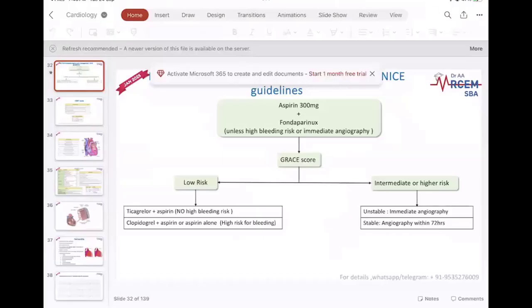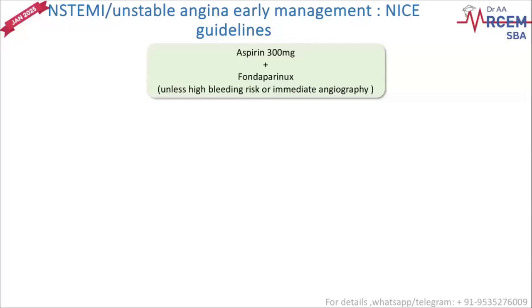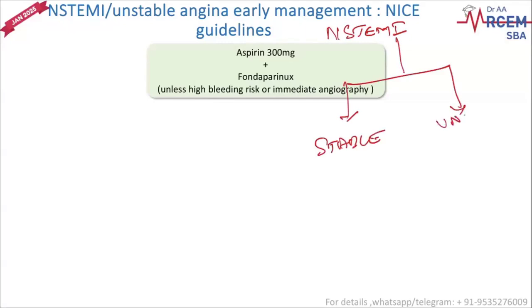So what is the takeaway message from this slide? Anyone who is having a non-ST segment myocardial infarction, we need to first see whether the patient is stable or unstable. This is very important. When do I call a patient unstable? If the systolic blood pressure is less than 90.